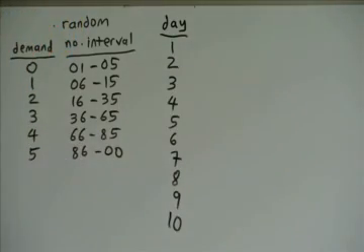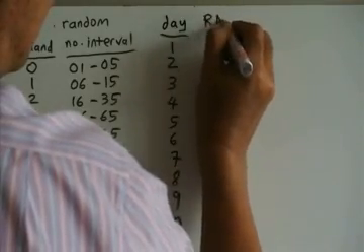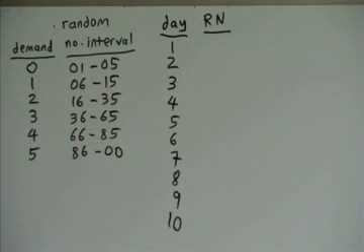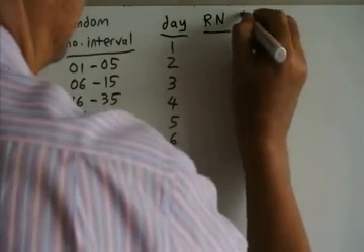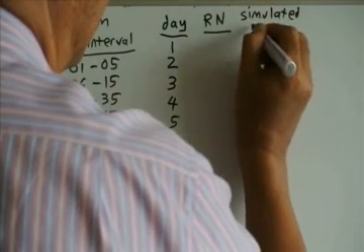The next column is the random number, short form is Rn. This random number we get from the random number table, which I'll discuss after this. And the next column is the simulated demand.